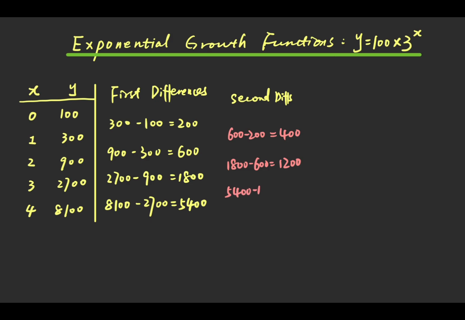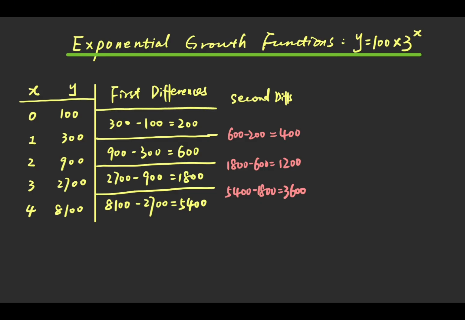This one minus this one, it will be 3,600. Right? That is to say, we can use this table to demonstrate the relationship between every value that is here. Alright? Okay. Now let's observe this table.